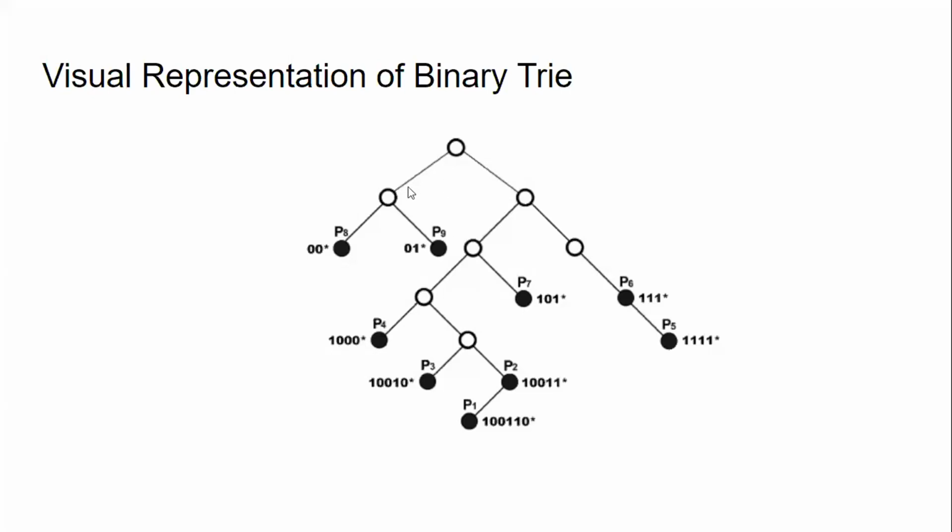Similarly, if we take this branch, it starts with root, and it has 0 and 0. Basically, if you were to represent 0, it comes at this part. Similarly, at the leaf level, we have the numbers. Let's see how storing the data in this way is useful, and we'll solve one problem. Then we'll understand how it works.